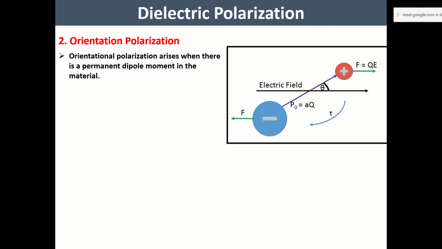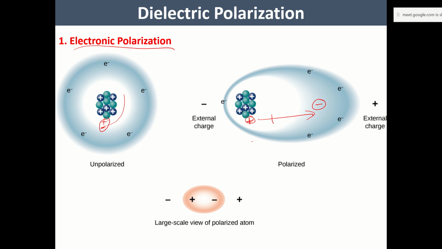Then there is another case. This electronic polarization that we just discussed is a model that will apply to something like Teflon, where you do not have any permanent dipole moment.